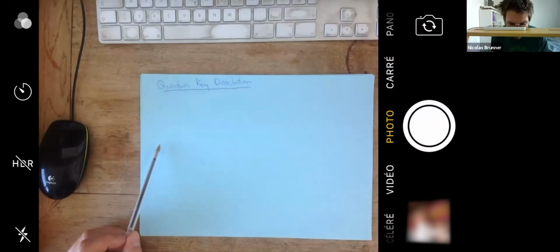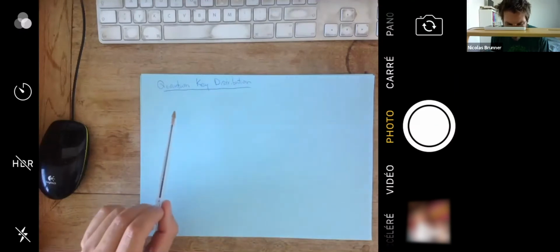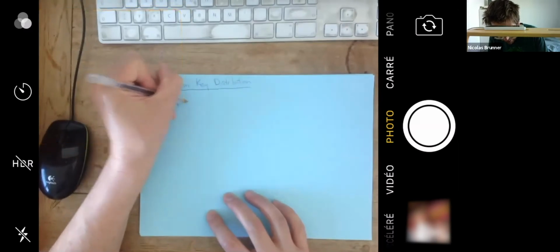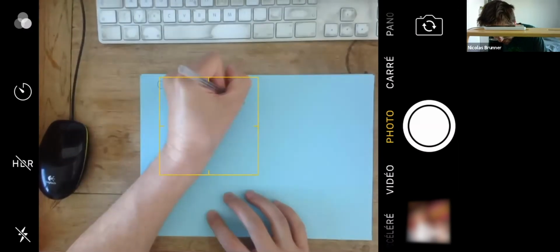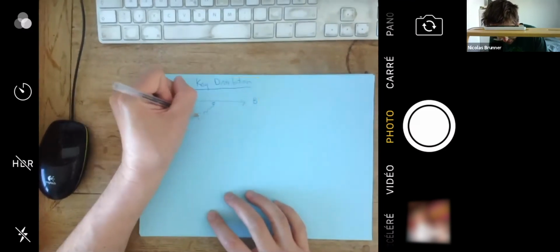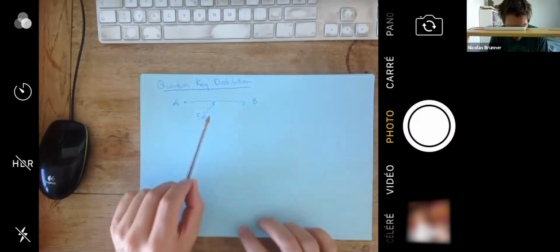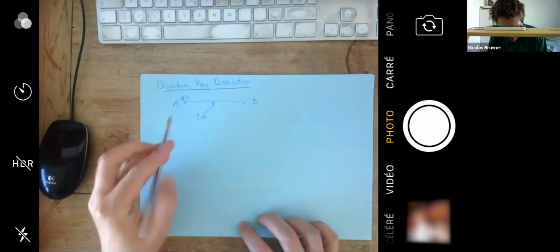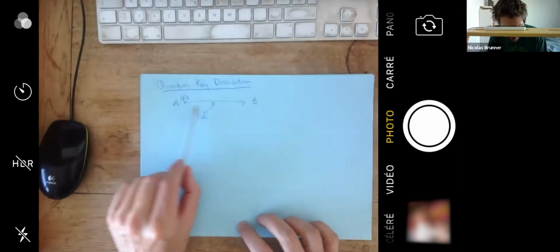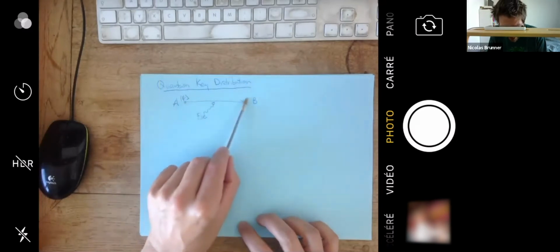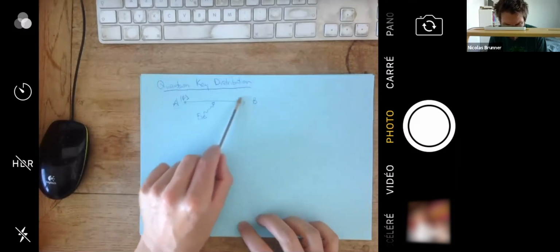So let's draw it here. When Alice sends quantum systems to Bob, and Eve attacks here, all the information that Eve acquires on these states will introduce a disturbance to what Bob is going to see.